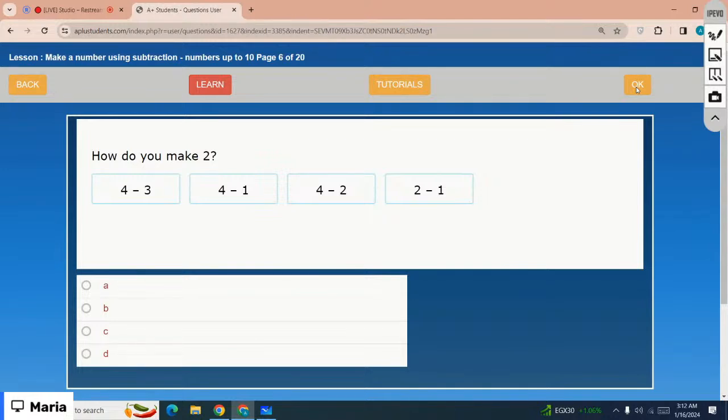How do you make 2? Which is the correct option? The correct option is option number C. 4 minus 2 is 2. Got it?